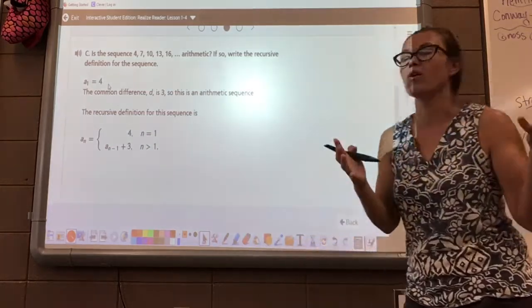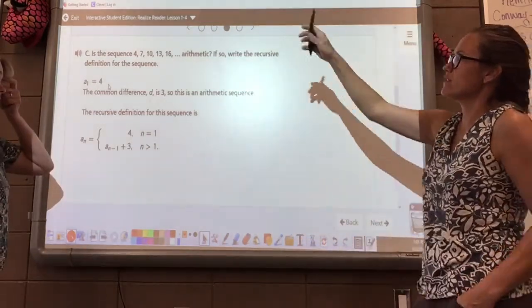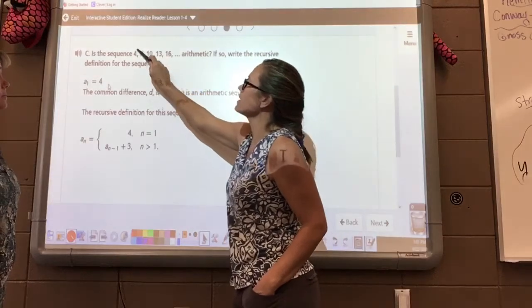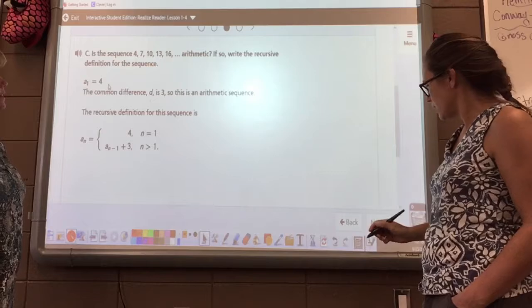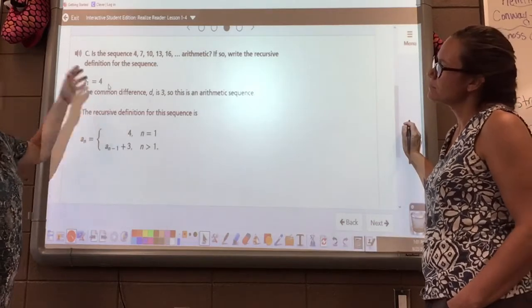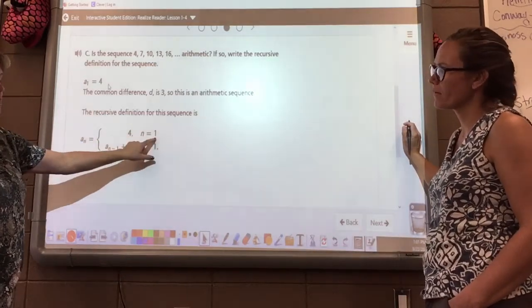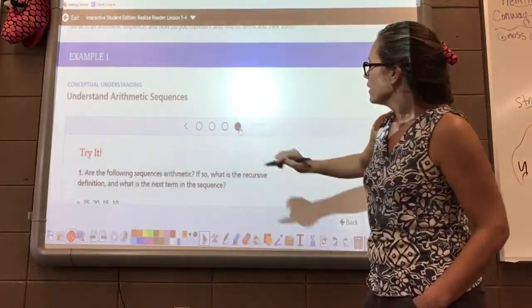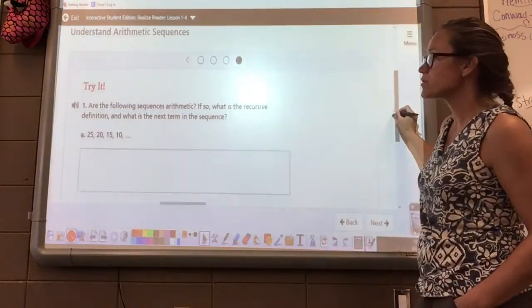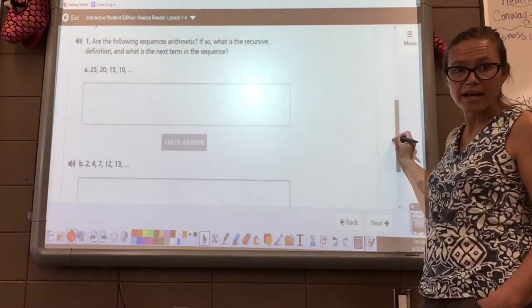It's not 0. And that's really important that this is the first term given. If we went back to the y-intercept, we'd be going back a term. Does that make sense? For recursive, you don't need to go back to the 0. You can just say, here's where I start. But when we get to the explicit, you do need to go back to the 0.